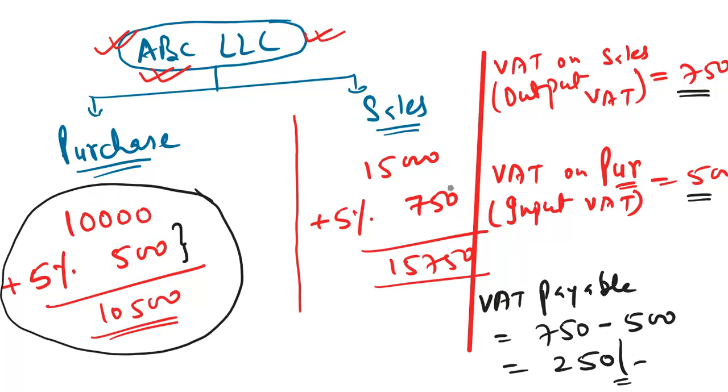And when we are collecting 750 from the customer, the 750 is the money that you are calculating for the VAT payable. Is it your money? No. The 250 amount you are paying to the government authority, are you paying it from your pocket? No. So technically you are not paying anything from your pocket.